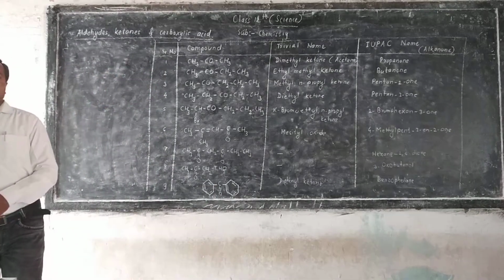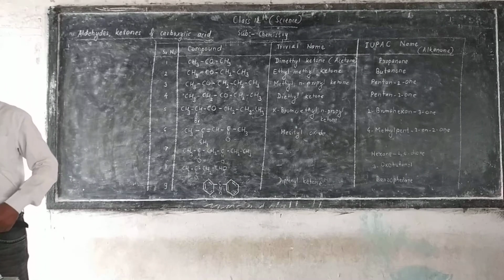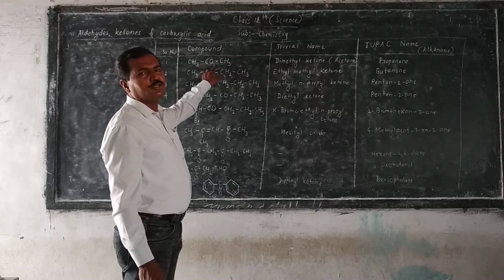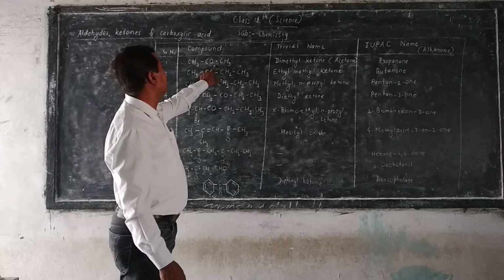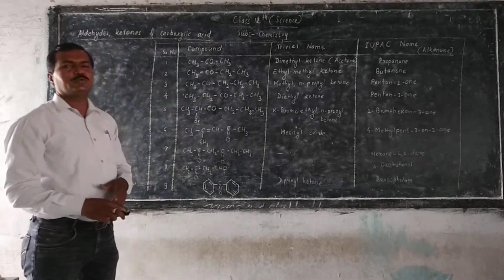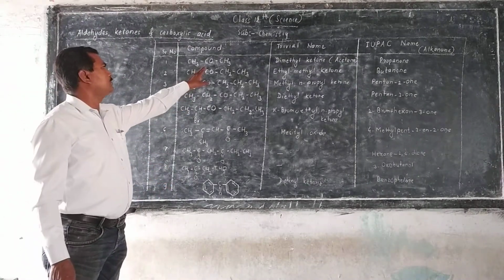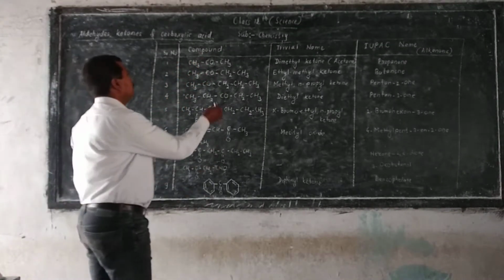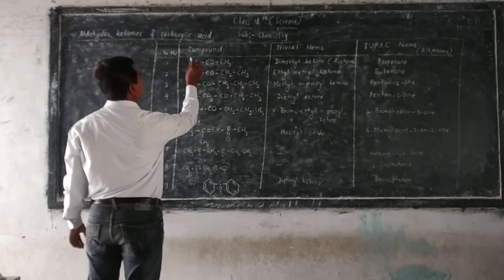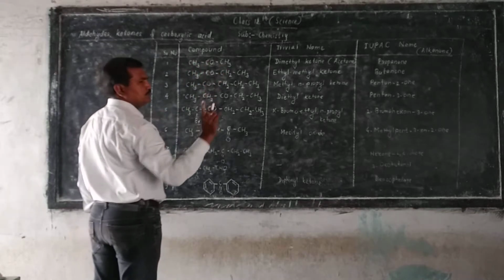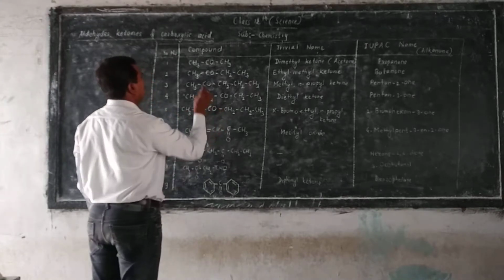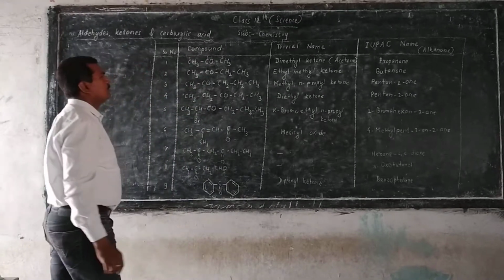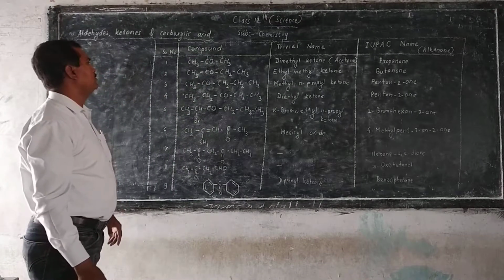The second method of nomenclature is IUPAC nomenclature. In IUPAC nomenclature, select the longest continuous chain of carbon atoms containing the CO group. Now give numbers to that longest chain in such a way that the carbonyl carbon gets the lowest number from that end. In this structure it is simple: 1, 2, 3, because the CO group is present at the center, so we can number left to right or right to left.